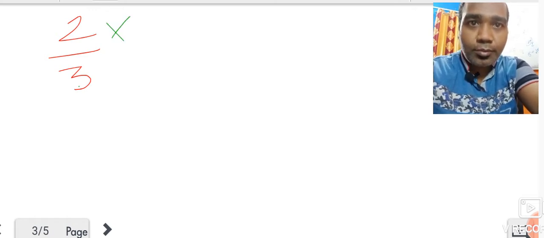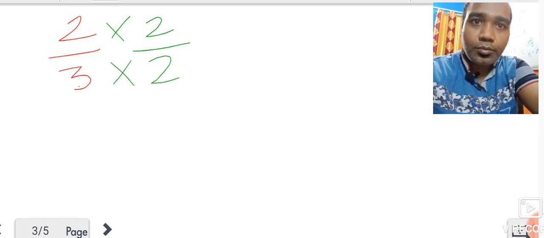So in the numerator we'll multiply by 2, and in the same way, in the denominator also we multiply by 2.